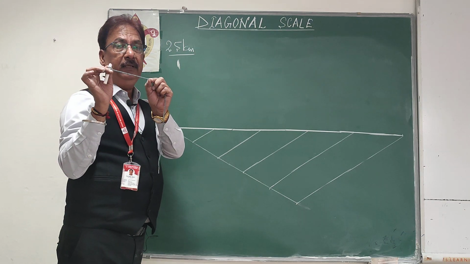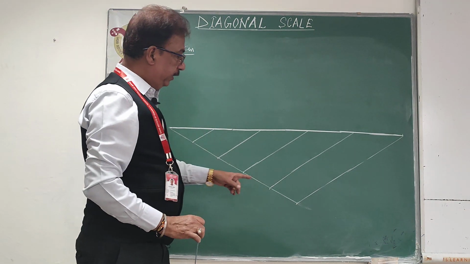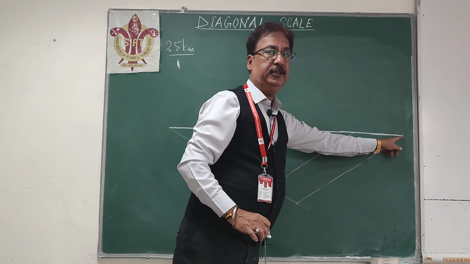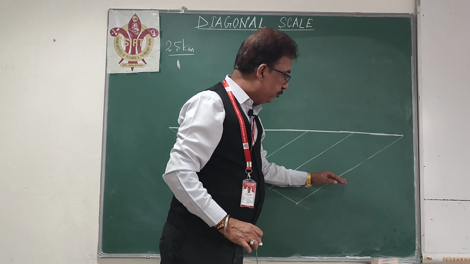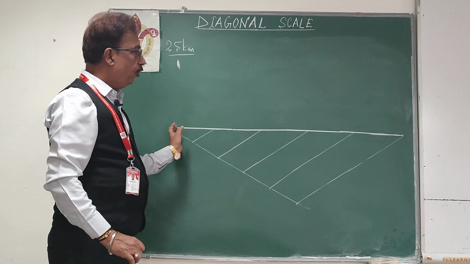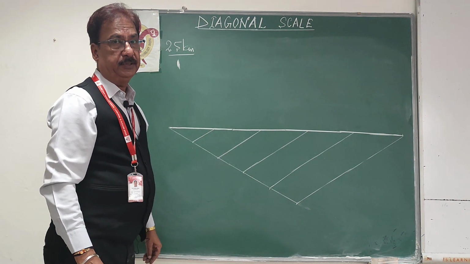This already I have done, but I am showing you how I have marked these lines. After that, use the roller scale, join the last point, the fifth point, with the last point, and after that draw lines parallel to this line from all these 4 points. If you draw all these lines, this line will be divided into 5 equal parts.